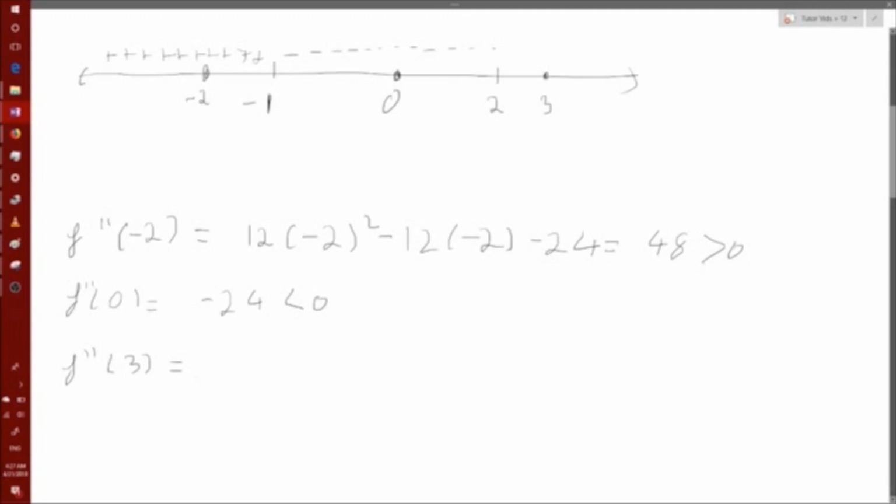So we get 12 times 3 squared minus 12 times 3 minus 24, which is equal to 48 again. So we know that the sign changes from negative to positive again.